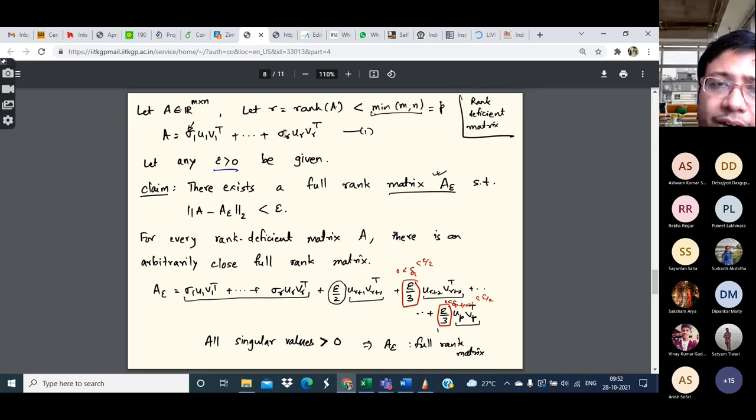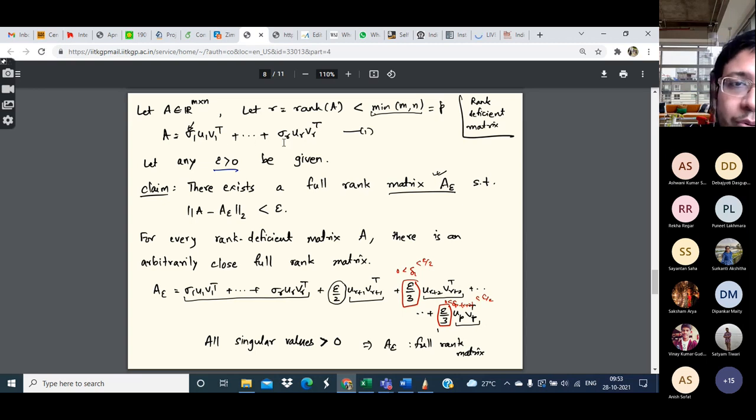We cannot define them in terms of the singular values, but they still exist, because v_1, v_2 up to v_r are linearly independent vectors which are n dimensional. So I can always extend these to get more linearly independent vectors which will span the entire n dimensional space.